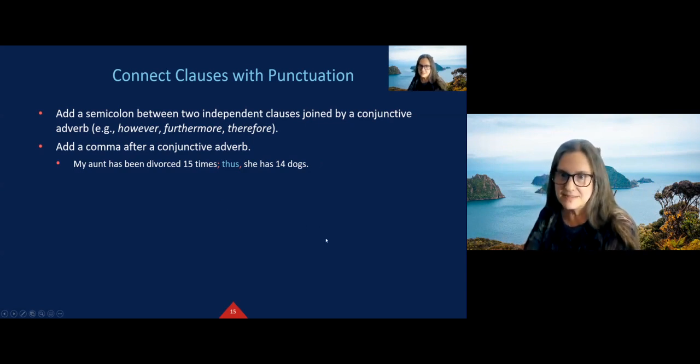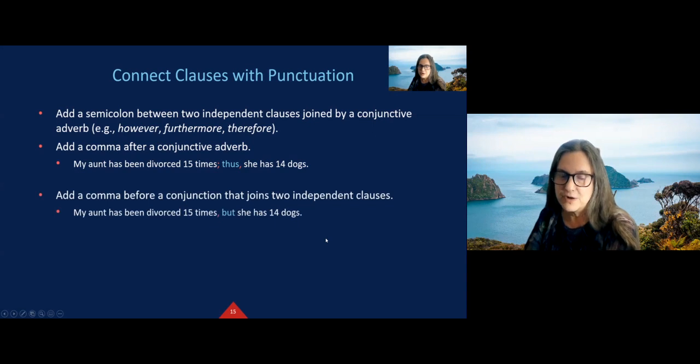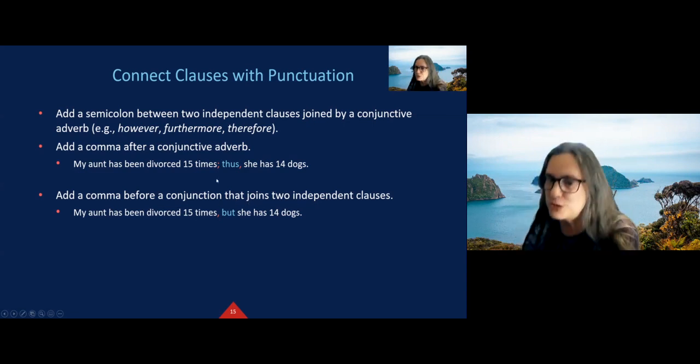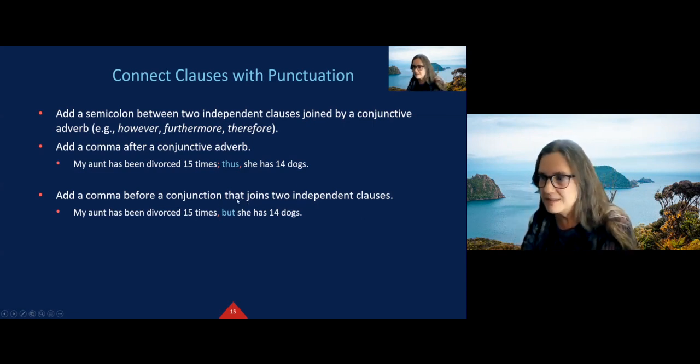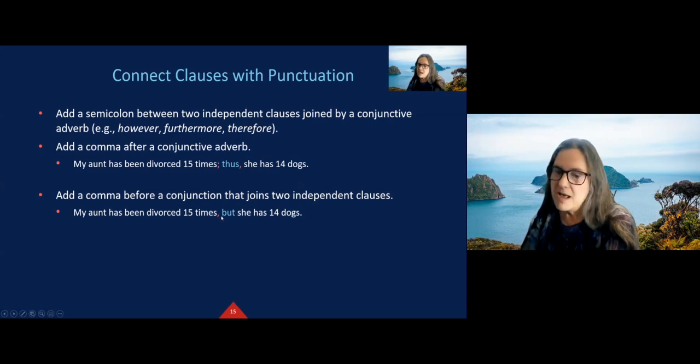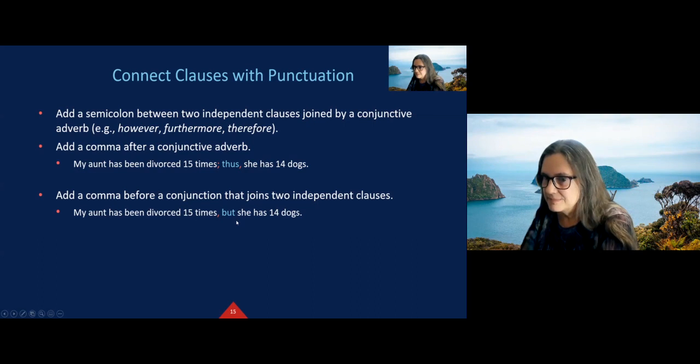Okay, the next punctuation connector, a conjunction, and we'll look at specific conjunctions again in a minute, but a comma goes before a conjunction that joins two independent clauses. So you don't have to throw in a comma every time you see "but" or "and," right?